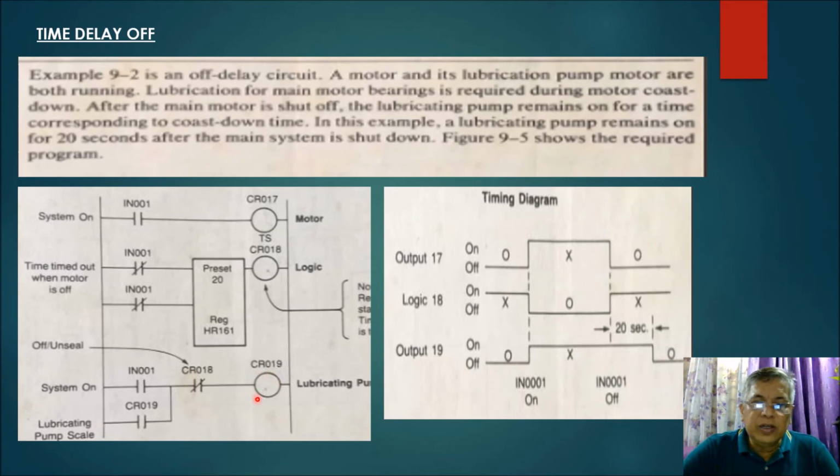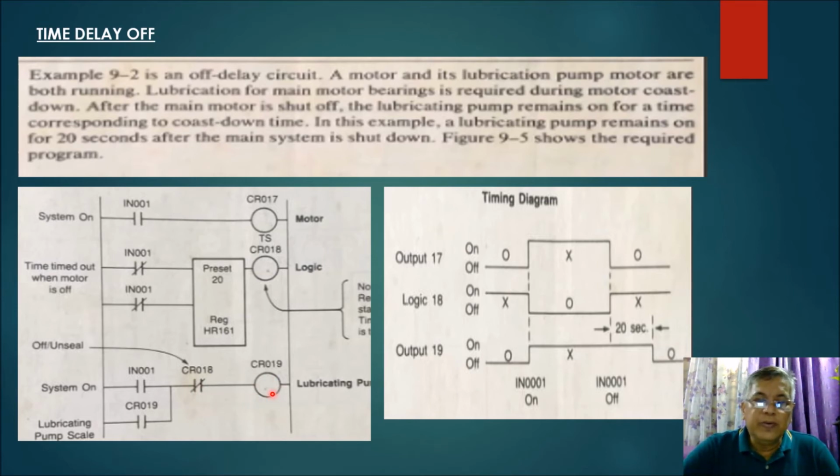Now, since CR019, which is your internal contact, is normally open, this will close, making this the seal circuit for the lubricating pump motor.